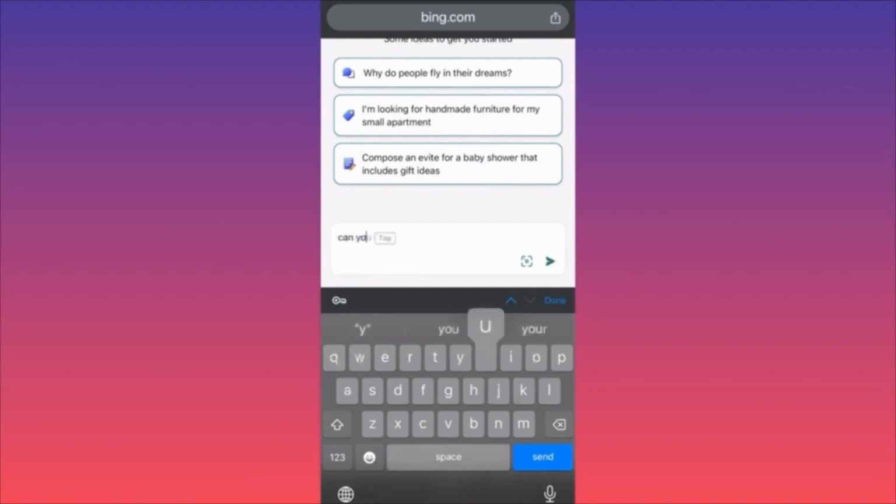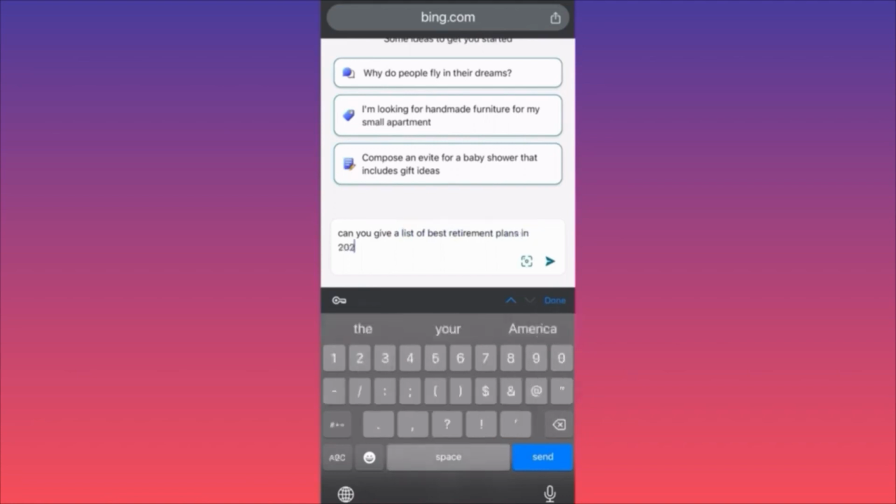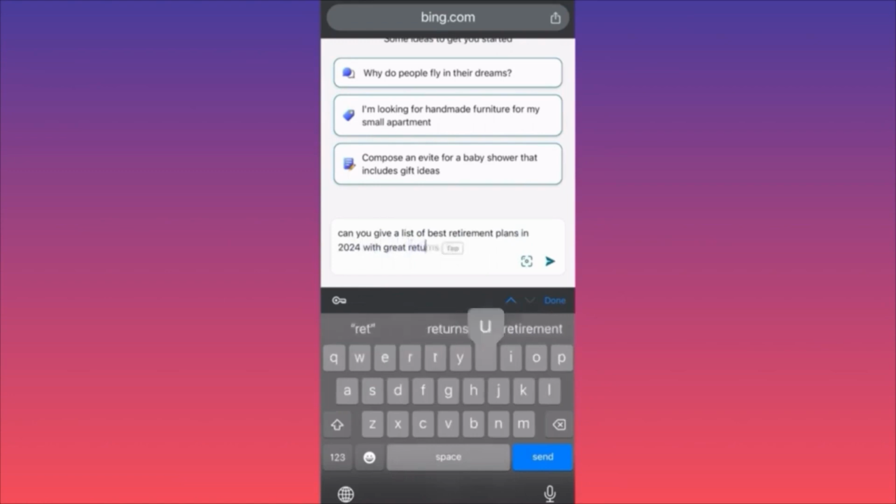Can you give us a list of best retirement plans in 2024 with great returns and low cost expense ratio?